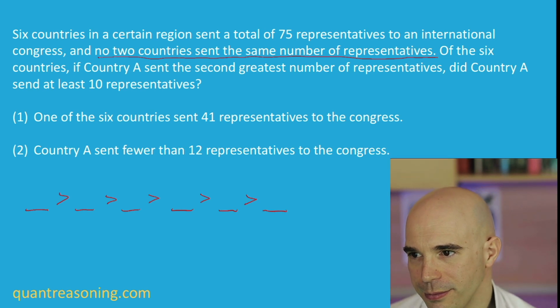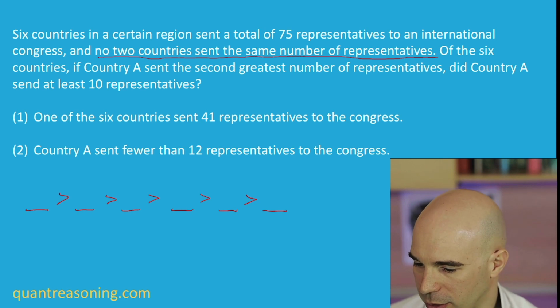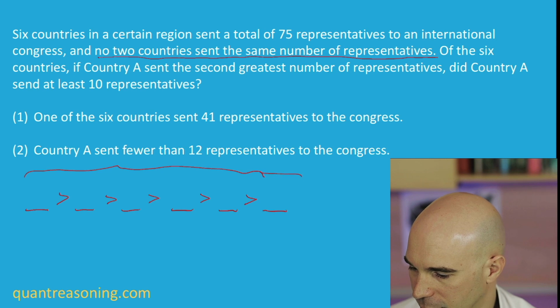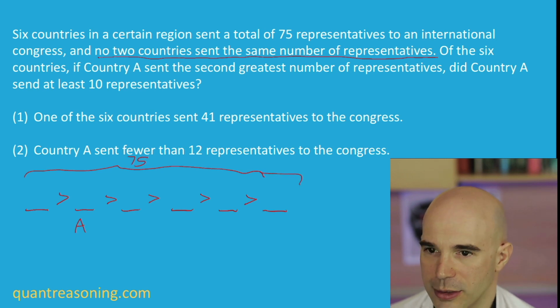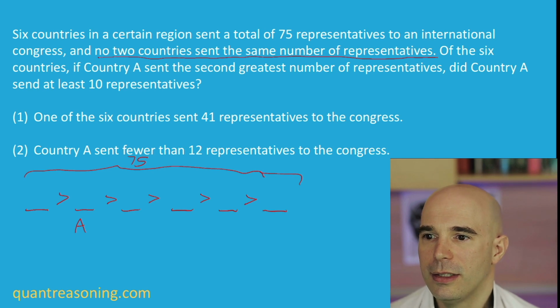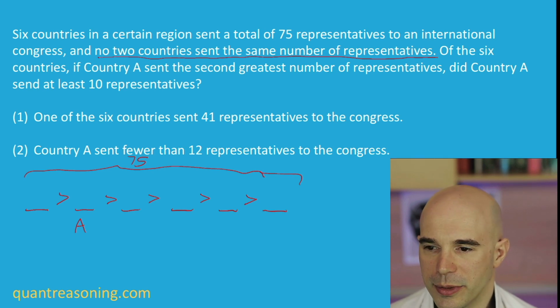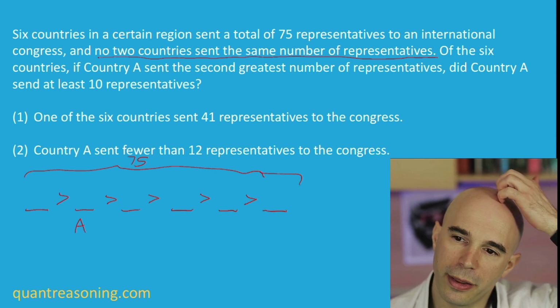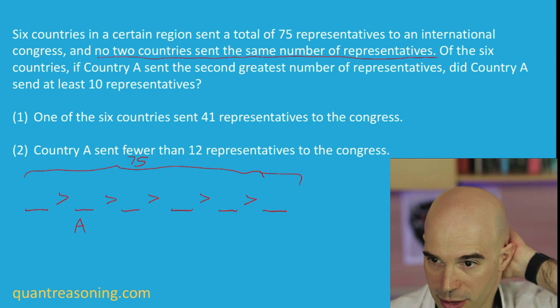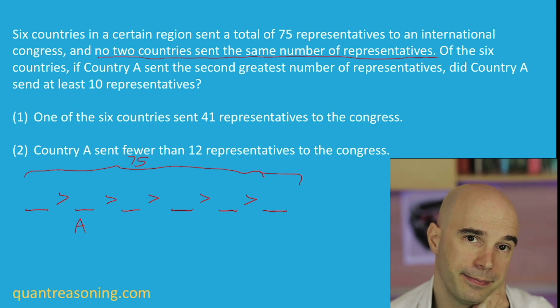Okay. As I keep reading the question, let's also do this, so we know that the sum of all of these is 75. And let's call this A, because they're telling us that country A had the second greatest number. So that's A. And we want to know whether or not that number is less than 10.